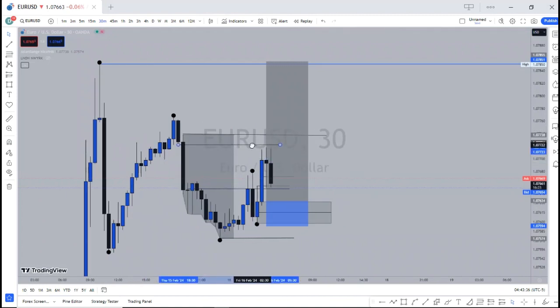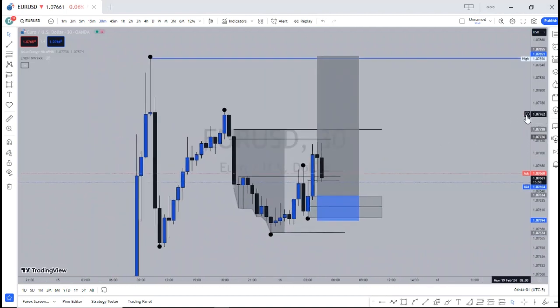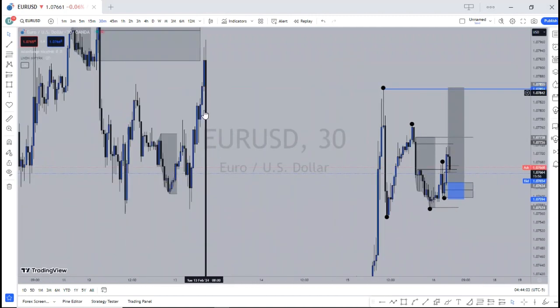On the 30 minutes, this is where it is. We are now having a reaction on the Asian session inefficiency, and we are now having liquidity on these highs. We have buy stops, sell stops.